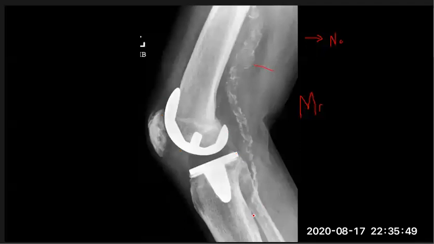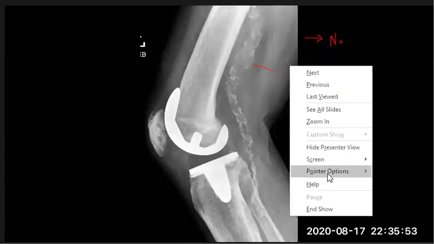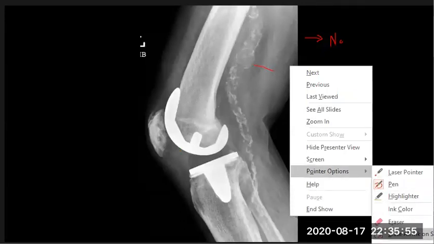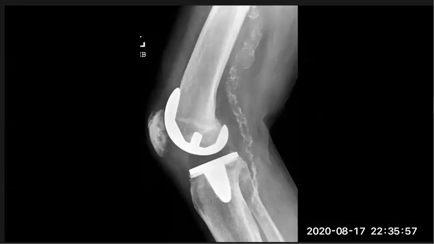So in summary, what we see. Can someone summarize it for us? This is a lateral X-ray of the knee joint showing total knee replacement with no radiographic evidence of loosening. There is also linear calcification involving the media of the popliteal artery.